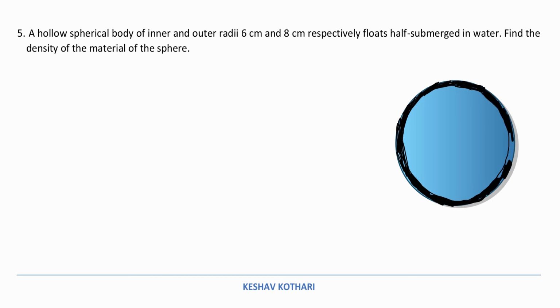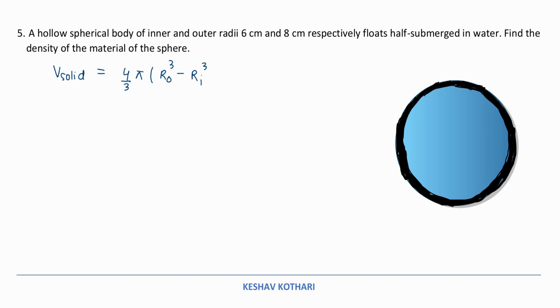So the first thing that I write is the volume of the material which is used. The volume of the solid portion is equal to 4 by 3 times pi times r outer cube minus r inner cube.